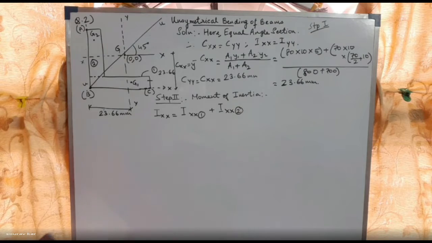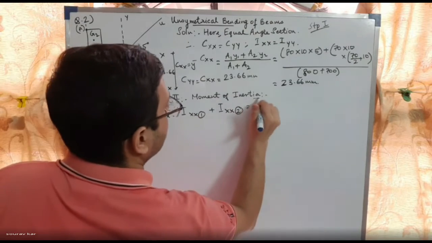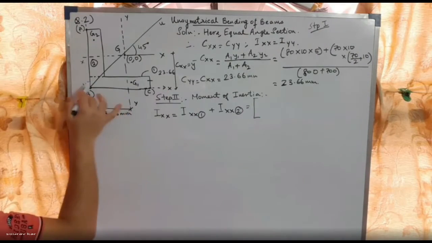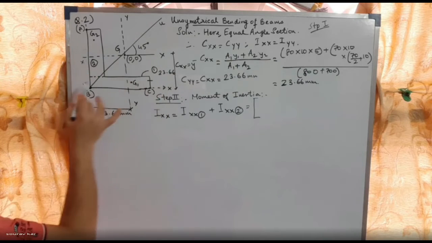Let us talk about the first one, this body. It is rectangular, so bd cubed by 12. I am talking about IXX.